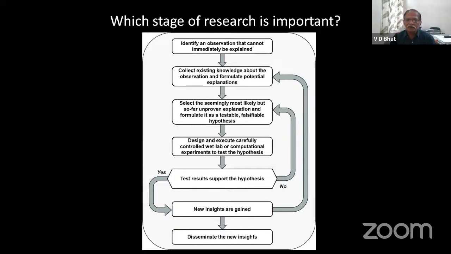For example, the way we identify the topic is important. The way we explain the existing knowledge is important. The way we formulate our design is important. And the way we analyze the data and come out with findings is also important. So all these steps are important and we have to take care. Why I'm telling you all this is that there are some situations where we do commit mistakes.